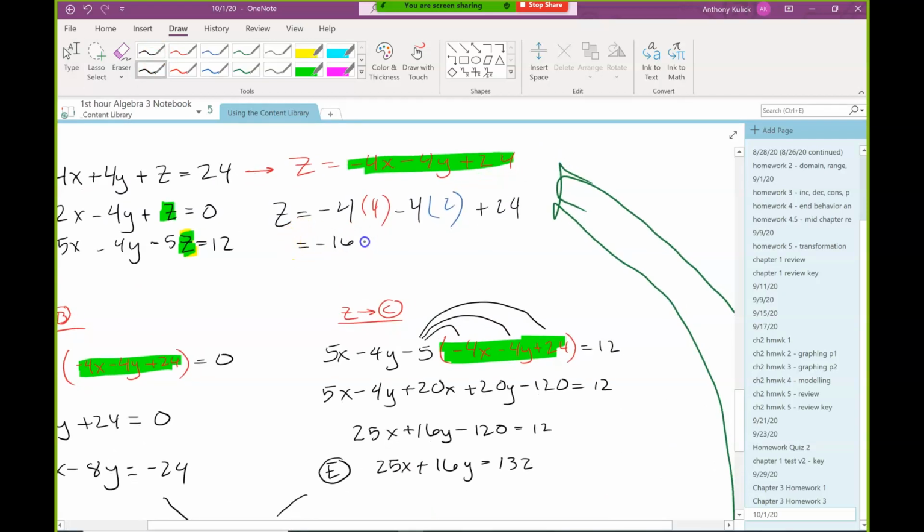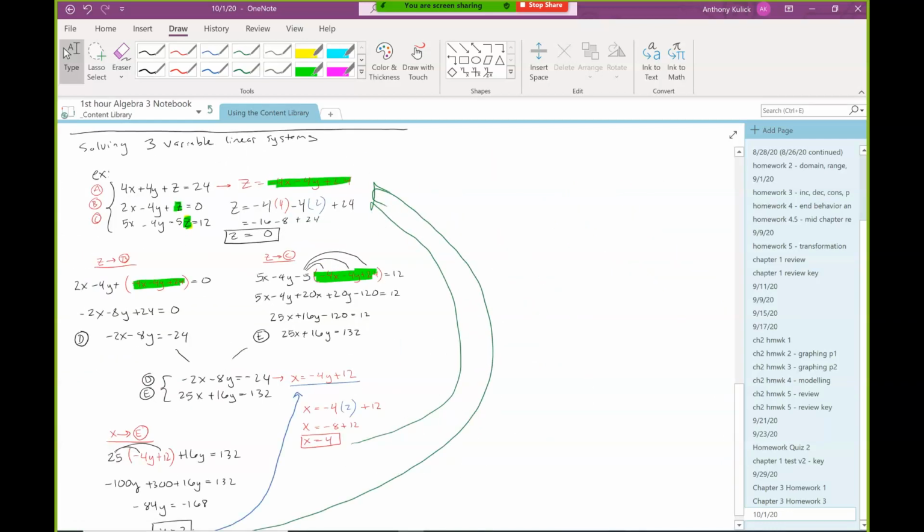So that's -16 minus 8 plus 24, which comes up with 0. So my solution then would be the ordered pair 4, 2, 0. I should say the ordered triple.